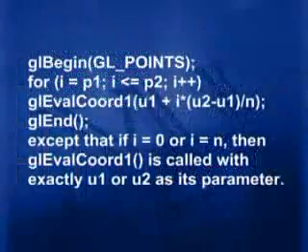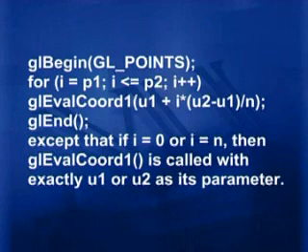Programmatically, it is equivalent to this code: GL begin, GL points, for I is equal to P1 to P2, incrementing I by 1 every time, we call GL eval coord 1 with the parameter u1 plus I times (u2 minus u1) over n, GL end. Except that if I is 0 or I is equal to n, then GL eval coord 1 is called with exactly u1 or u2 as its parameter.